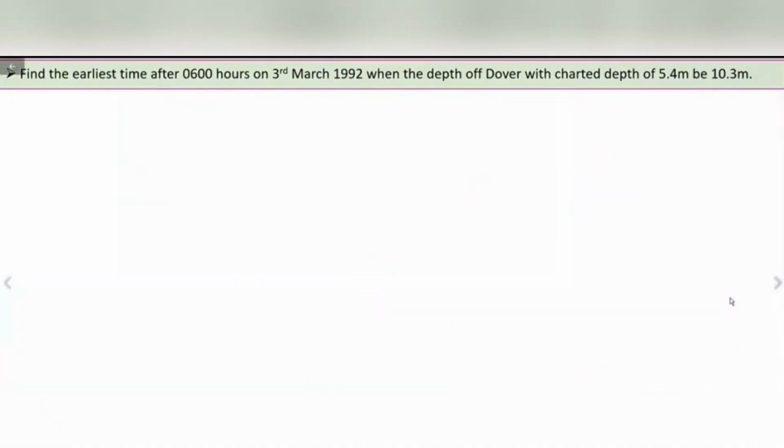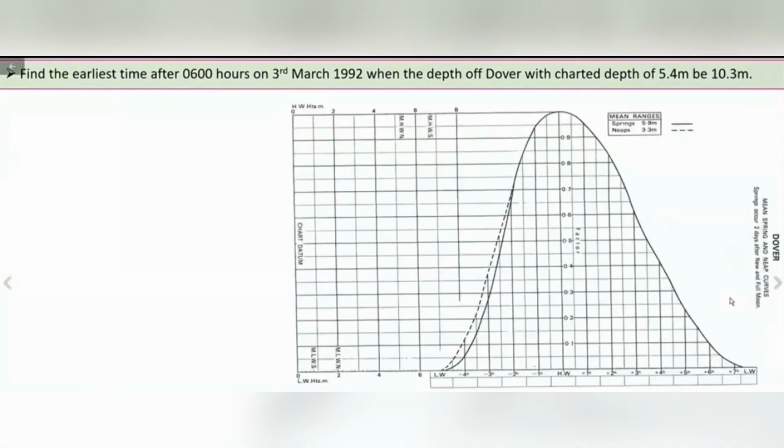So now in this case, we have this interpolation curve for Port of Dover. And if you compare it with what we use for Antwerp, you can see the difference. It's clearly evident. Now, required depth is 10.3 meters as per the question here.